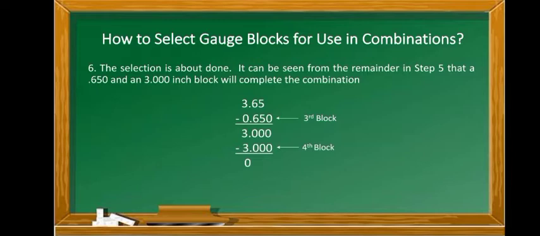In our set, we have 0.650. 0.650 or 0.65 are just the same. So 3.65 minus the third block, 0.650, equals 3 inches. Minus 3 inches equals 0. So our fourth block is the 3 inches.